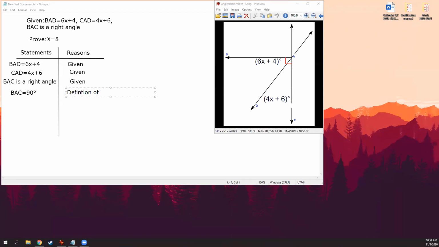If it was supplementary, you would have 2 things added together equal 180. Reason, definition of supplementary. We said BAC equals 90 degrees because that's the definition of a right angle.